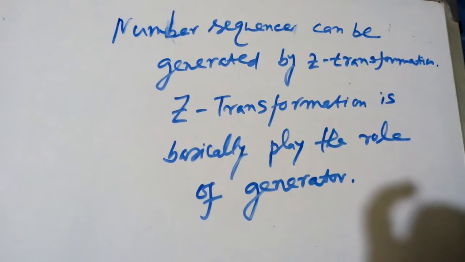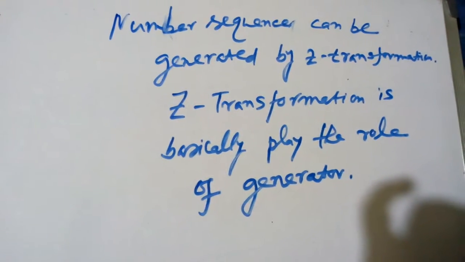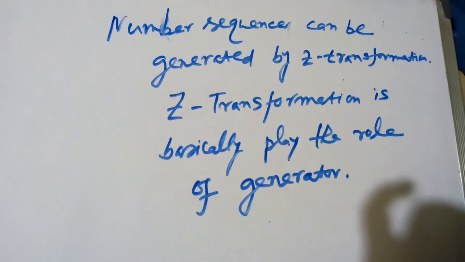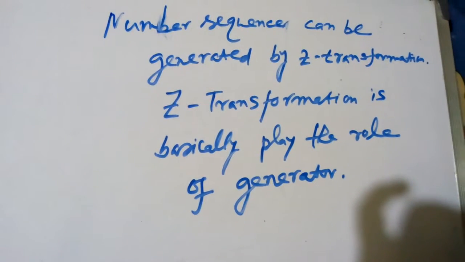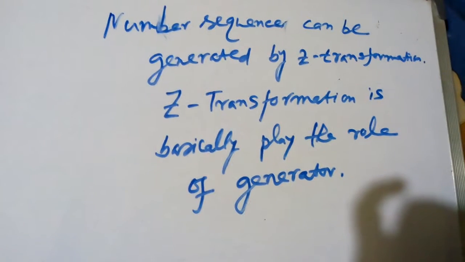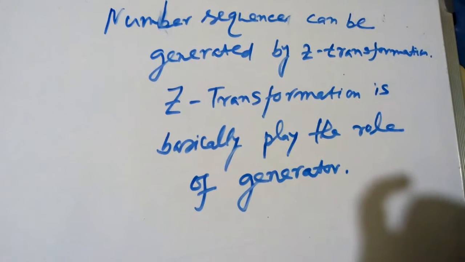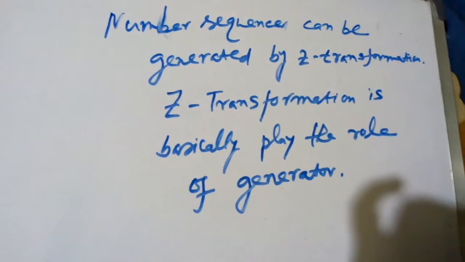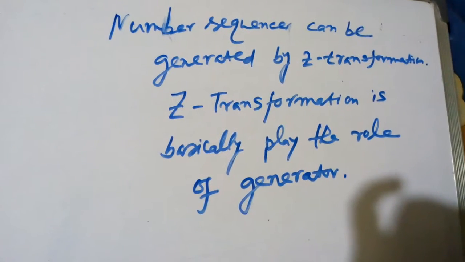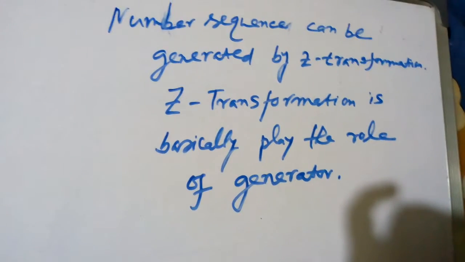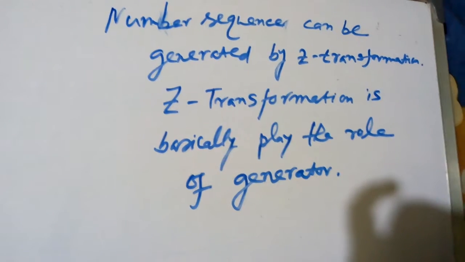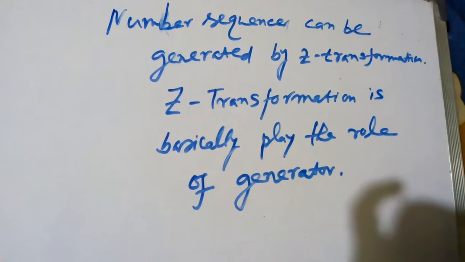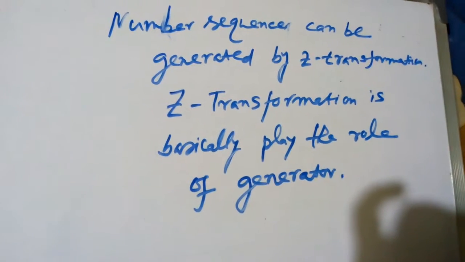To do Z transformation, we need an idea of the generating function. The advantage of Z transformation is that we can apply the complex residue theorem here, and this is called inverse Z transformation.